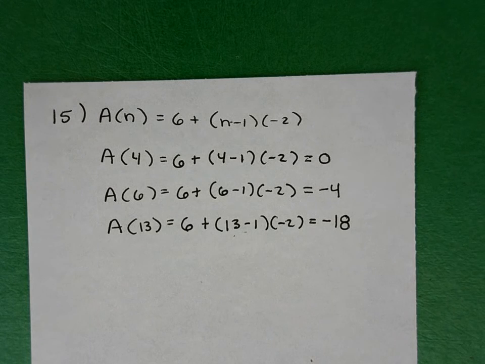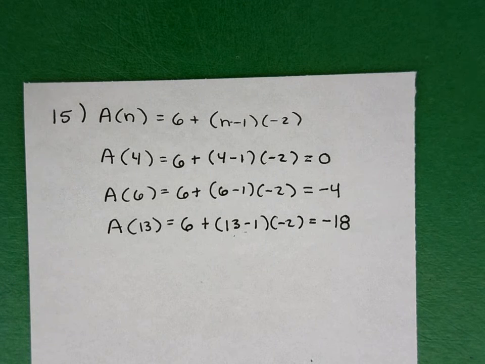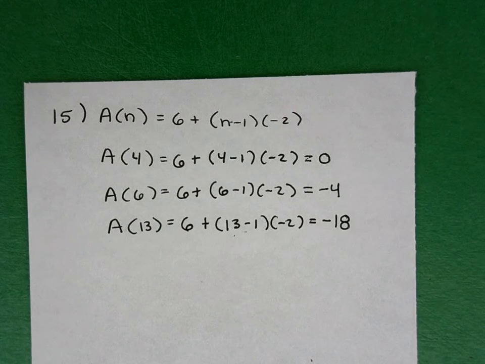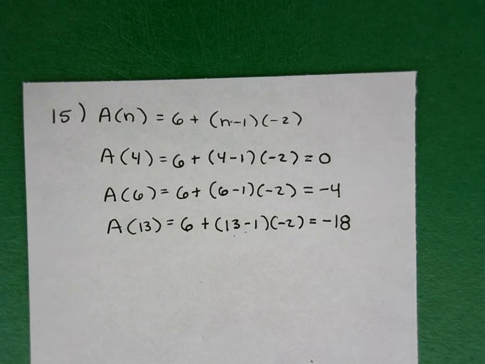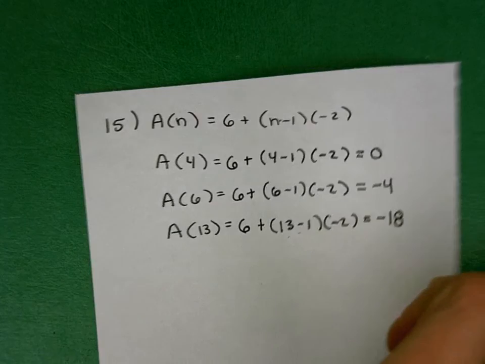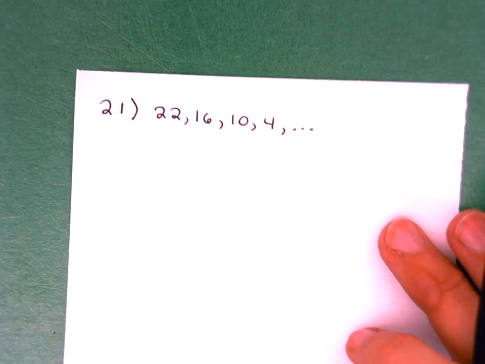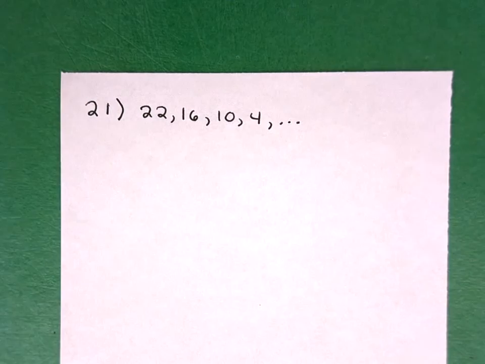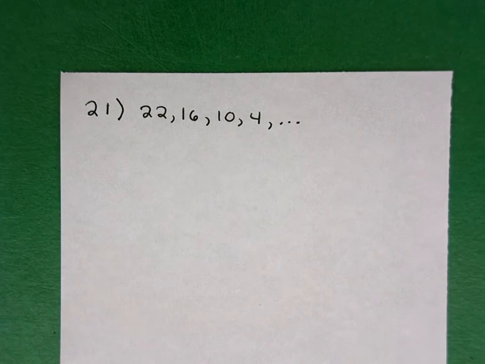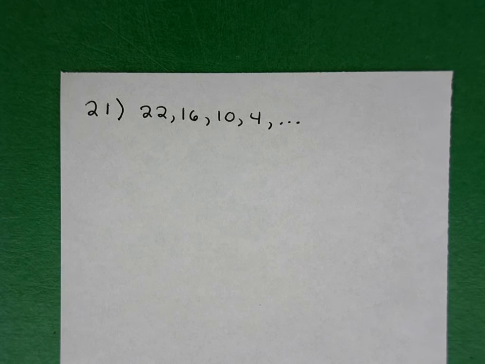Okay? And so then number 21, we were actually asked to build that explicit formula. And in fact, we were asked to build a recursive formula as well, if the sequence is in fact arithmetic. So we're going to build that explicit formula that we were given in number 15. So number 21, our sequence is 22, 16, 10, and 4. Okay, and so first we have to determine, is this in fact an arithmetic sequence?